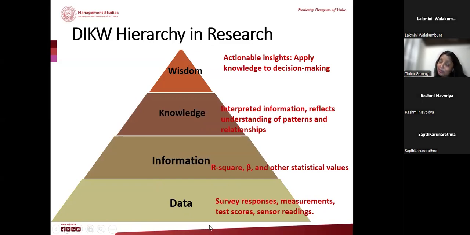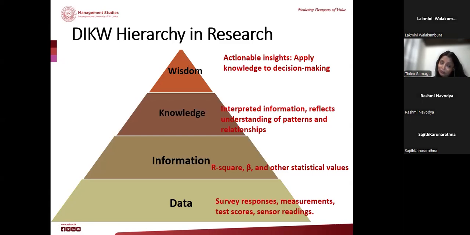And that is your baseline. And once we collect the data, we process the data to derive meaningful information from the data. And the knowledge and wisdom you can reflect through your write-up, focusing on the discussion of your findings.